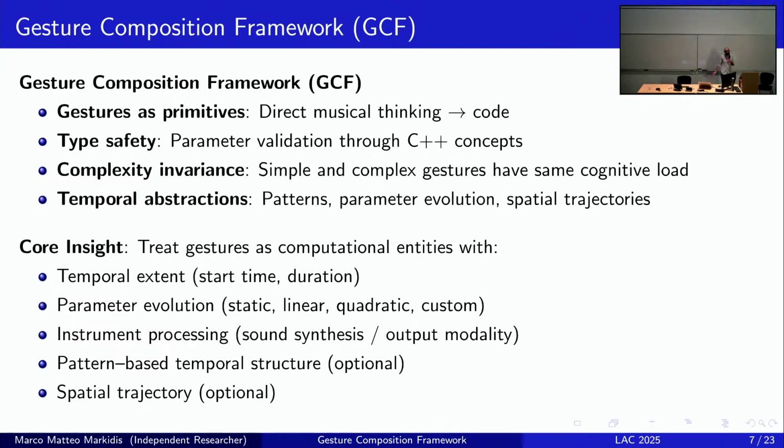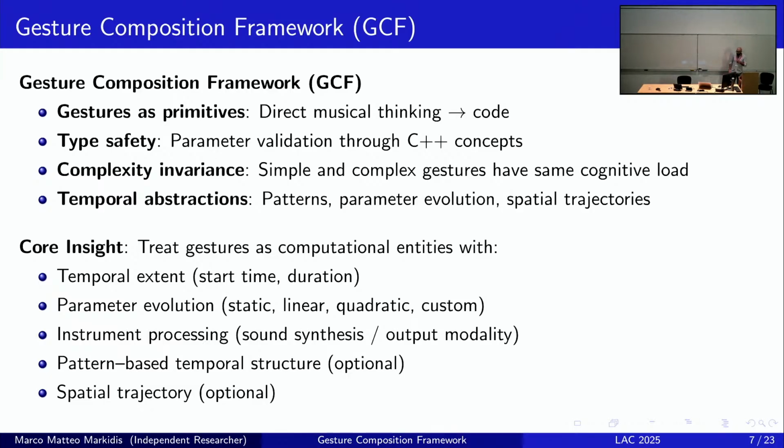So what is, in my idea, a gesture? It is simply a compositional entity which has a temporal extent, so it has a start time and a duration, and a parameter evolution, which can be static, linear, quadratic, or custom, and we will see it.